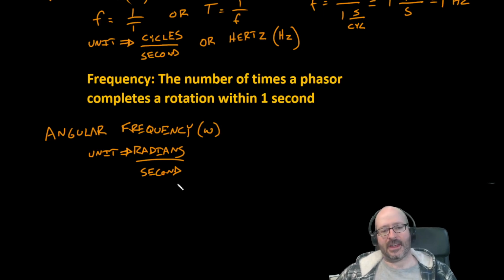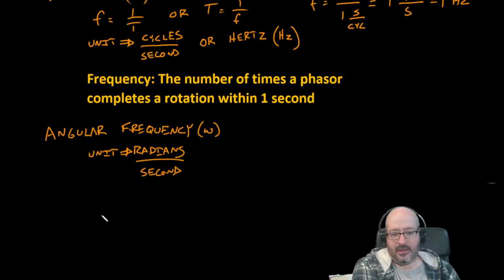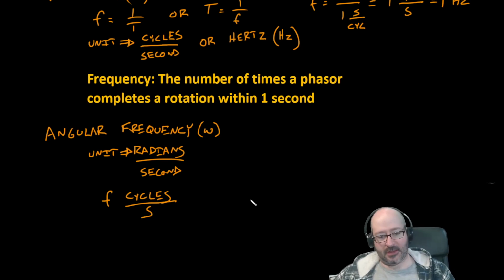If we're interested in radians per second and we have cycles per second, we can say we have some value f in cycles per second, and we want to get to radians per second, then we've got to multiply by something that converts our unit for us. So think about the dimensions.